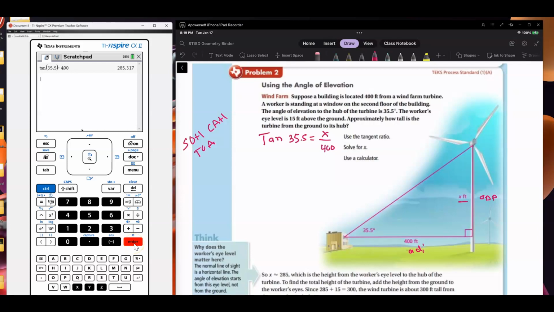You get 285.317, so approximately 285 feet. Now, 285 is the height above the worker's eye level. To find the total height, you add 285 plus 15, which gives you 300 feet. So the turbine is 300 feet tall.